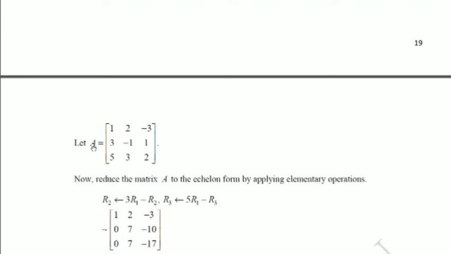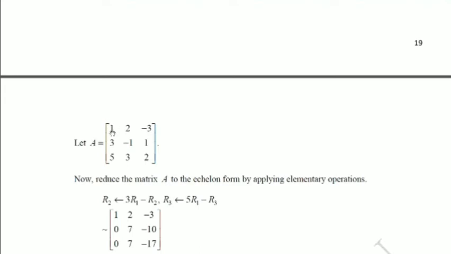First we need to bring this one into echelon form. Echelon form says the leading entry in all the rows must be 1, and below that 1 you should have only zeros. So this is the first non-zero entry in this row, and already it is 1, so I don't have to make any changes.